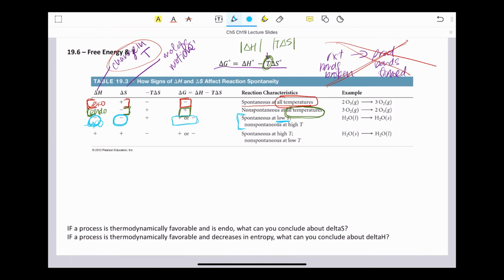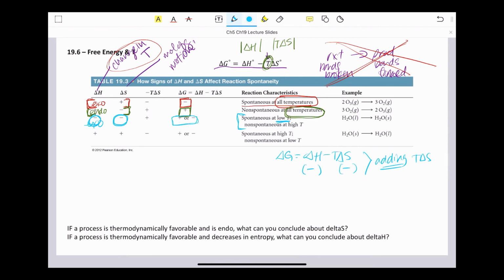So we have this equation that says delta G equals delta H minus T delta S. And if we think in this scenario, this value is negative and this value is negative, and again the T is always positive, so that's not really a factor. What that means is that we are essentially adding the T delta S value, because that's what happens when we flip it. That's what math says.